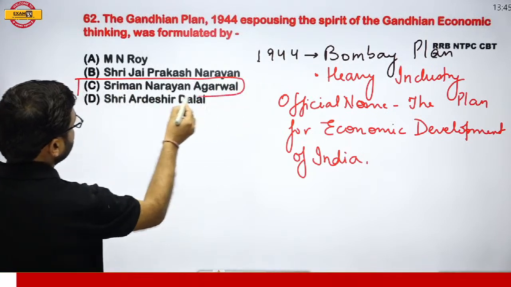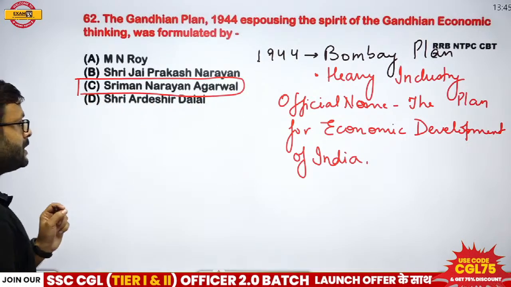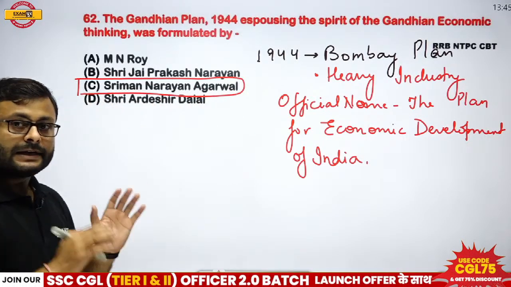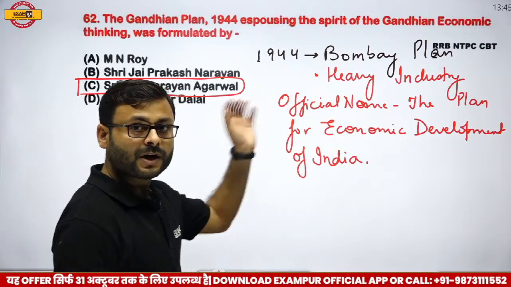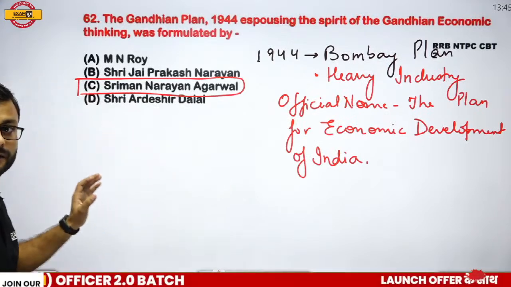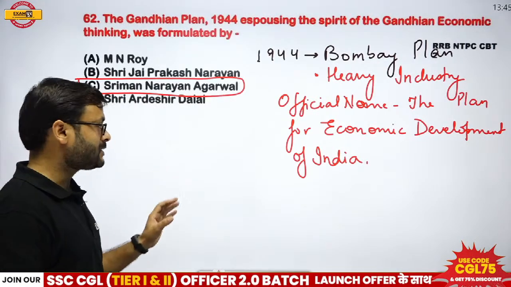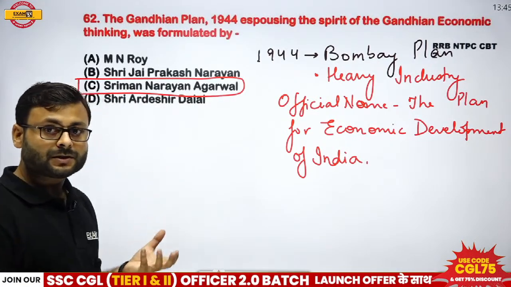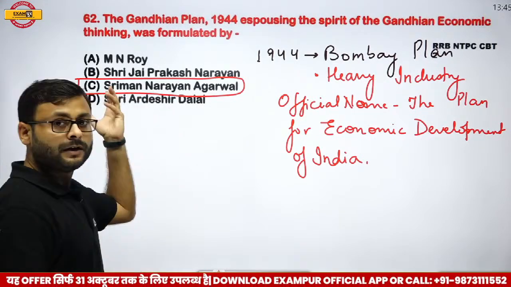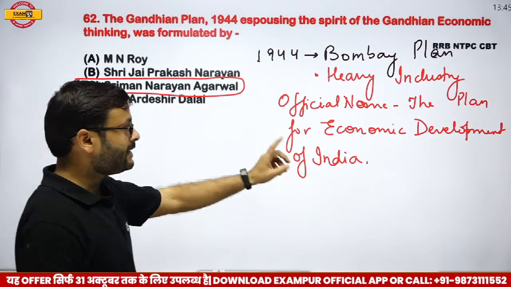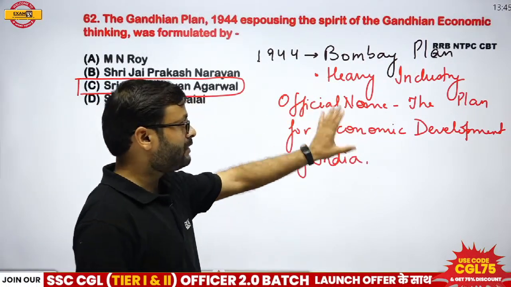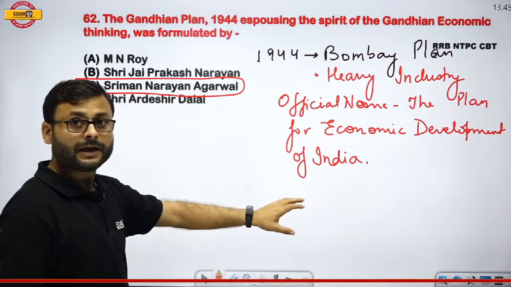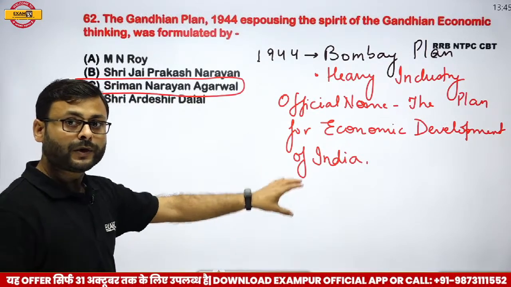Sriman Narayan Agrawal is the person behind the Gandhian plan, and he said that along with the establishment of heavy industry, we should focus on the establishment of village and cottage industry, so that the poor sections of society can get employment. Because in heavy industry we use machinery, and by using machinery, the unemployment situation in India will increase.